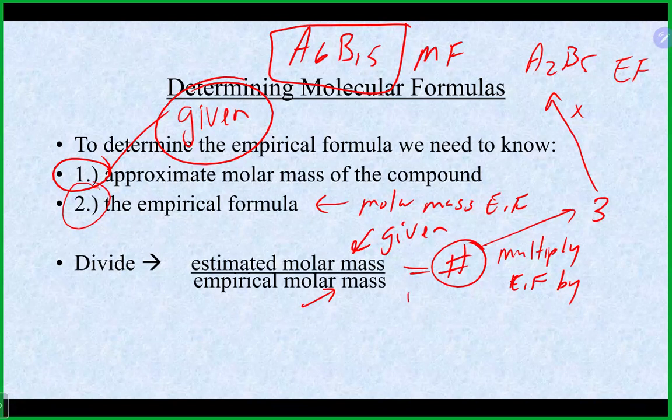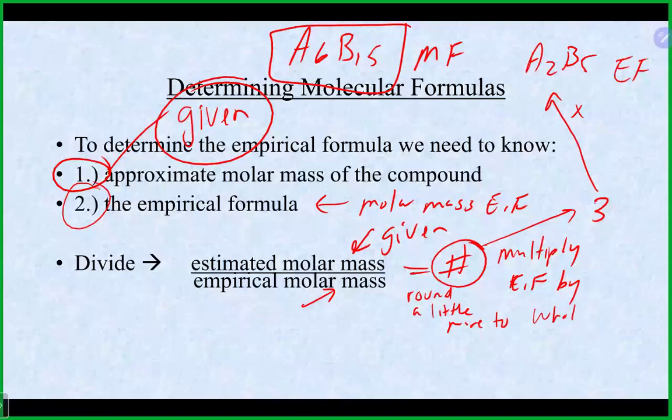So you could round to a whole number. For example, if you divided and got maybe 2.1 or 2.2, which in the empirical formula is too far to round, here you can round it.